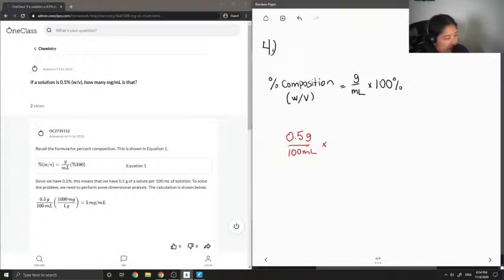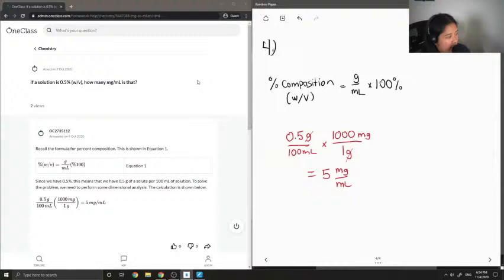And to do that, I'm going to use the conversion factor of 1,000 milligrams per 1 gram. Then if I multiply it out, I'll notice that my grams cancel out. And then I'm left with 5 milligrams per milliliter.